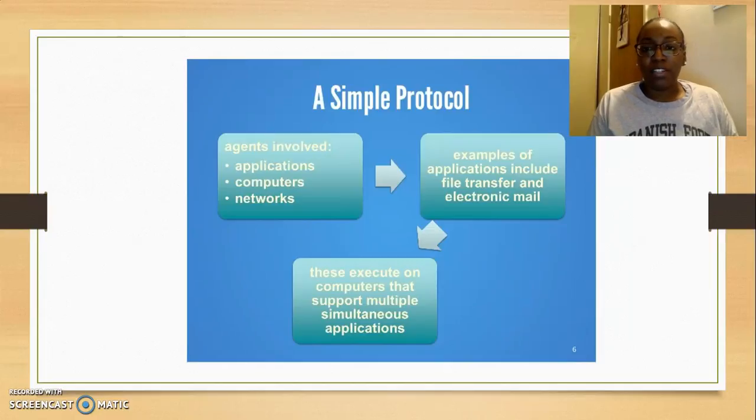Examples of applications include file transfer and electronic mail, and these execute on computers that support multiple simultaneous applications. So basically this is mostly connecting different computers and devices with each other. They're communicating, talking with each other.